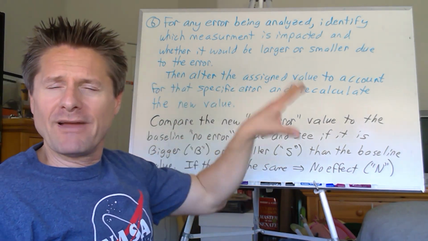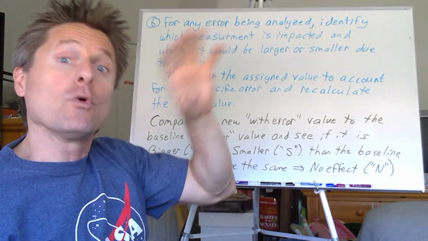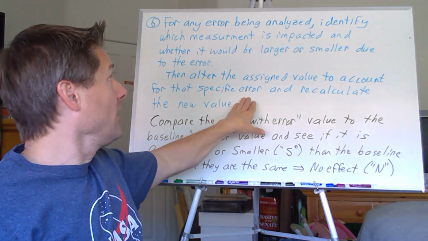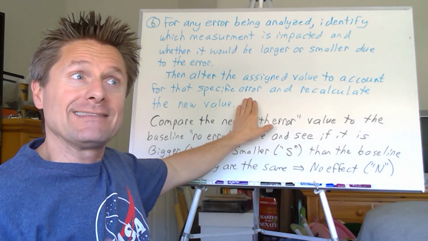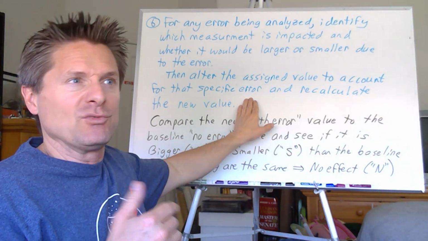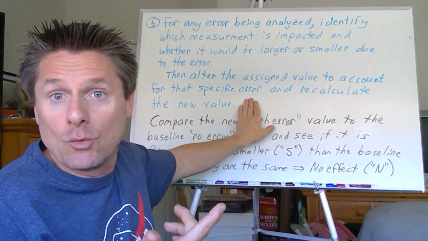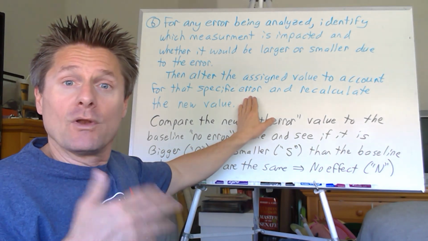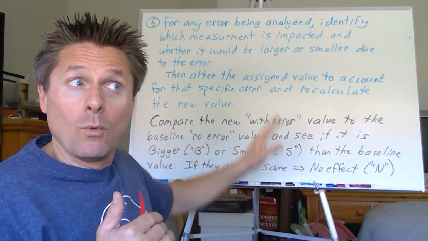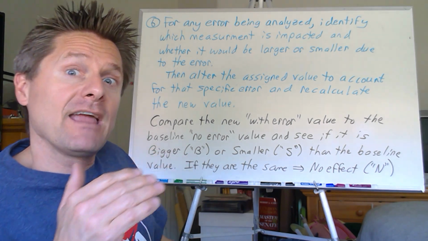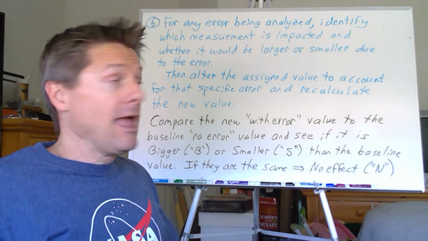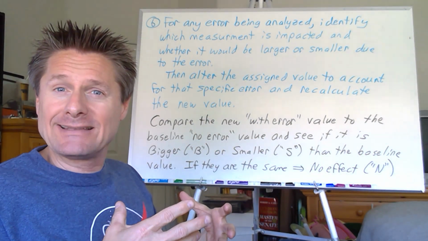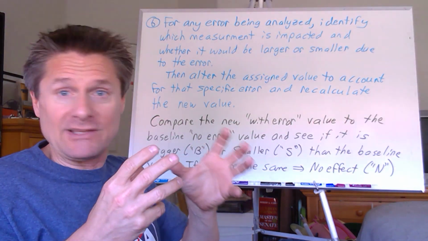Then what we're going to do once we've identified the measurement affected and whether it would be higher or lower, well, let's alter the assigned value. So let's say it affected measurement B, which we had assigned a value of 62 without the error. Well, if this error would make B smaller, well, instead of assigning 60, let's assign 50. Then recalculate the value of interest, right?